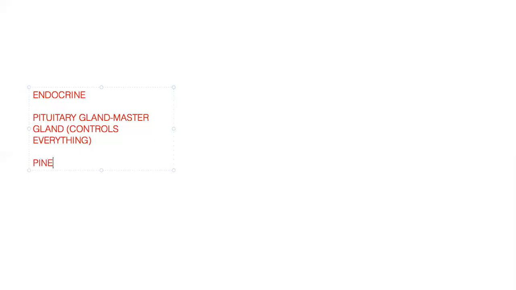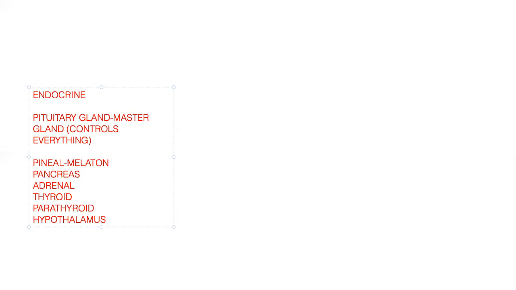Some other glands you should be familiar with would be the pineal gland, the pancreas, the adrenal, the thyroid, parathyroid, hypothalamus, just to name a few. Each of these glands are very important in their nature. They all secrete something. The pineal gland secretes melatonin.